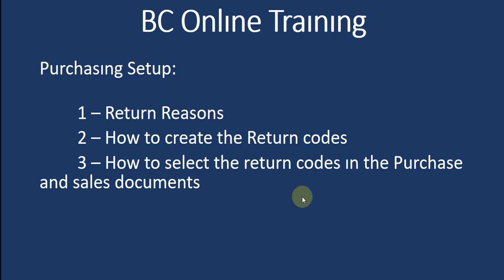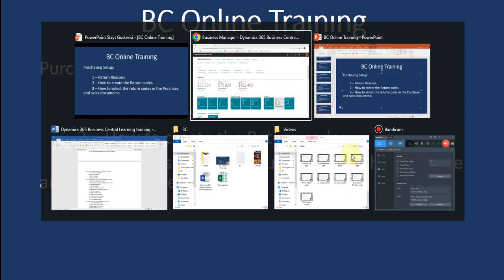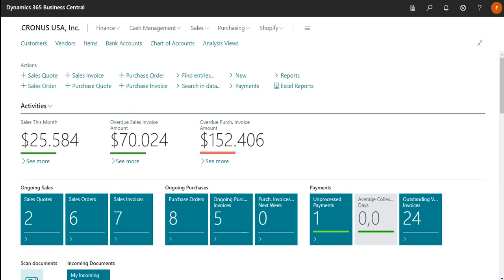Let's go to Business Central and see how we can execute this process. So here in Business Central, the first thing that you need to check is the setup of these return reasons.